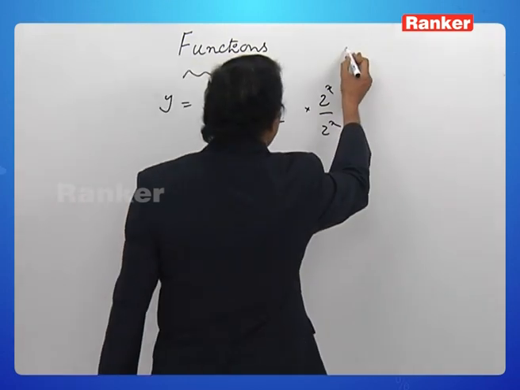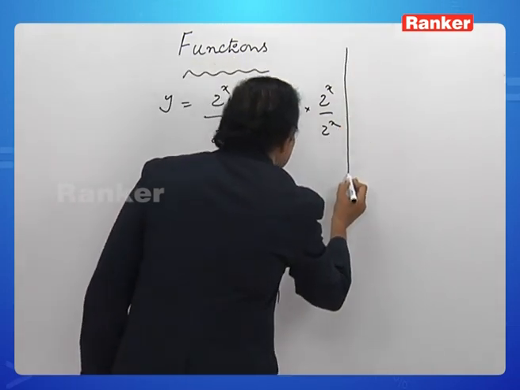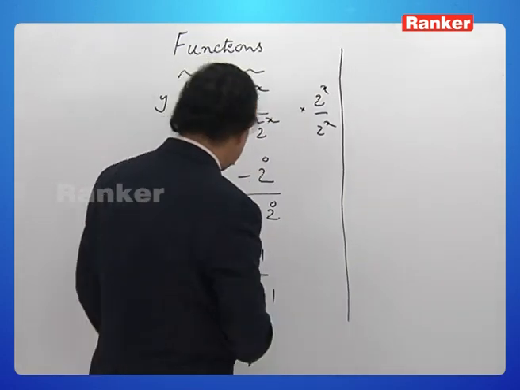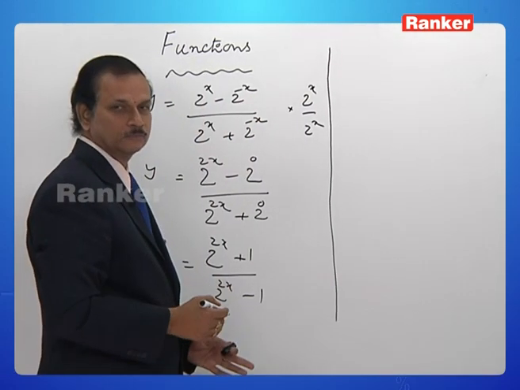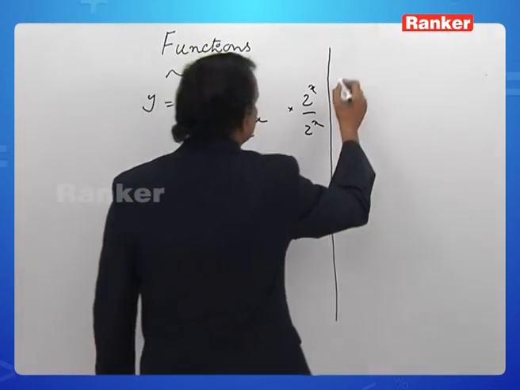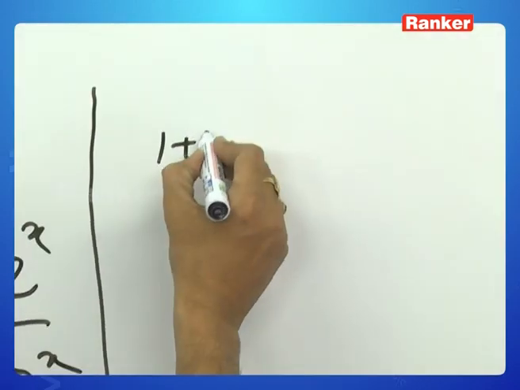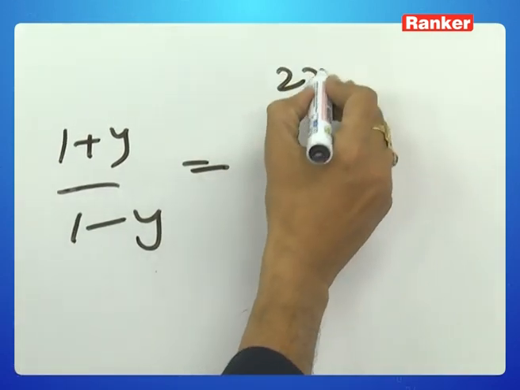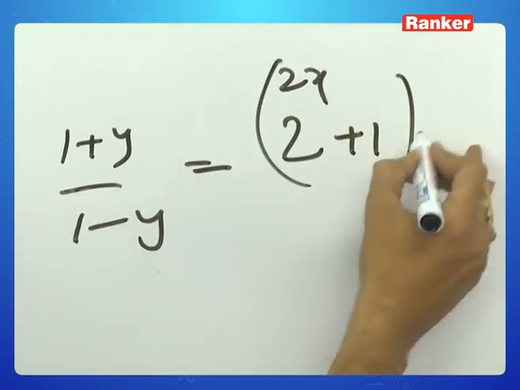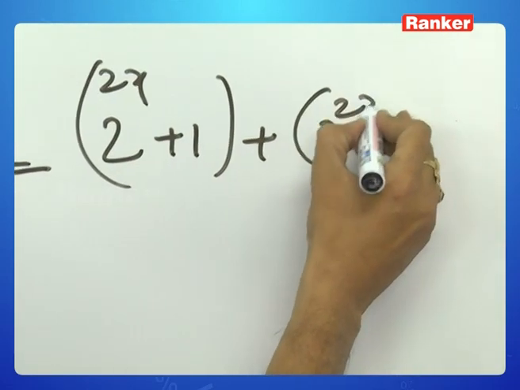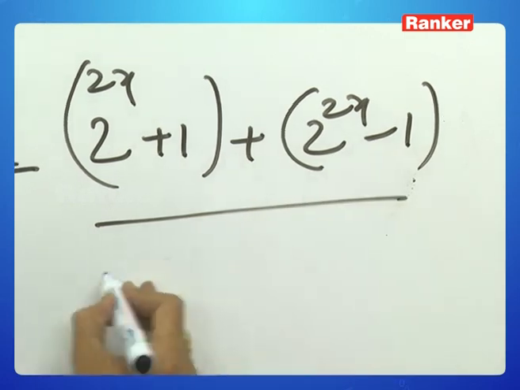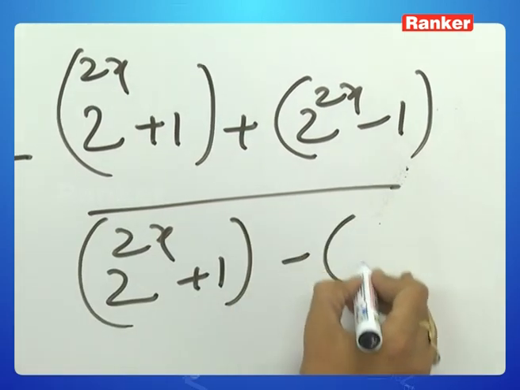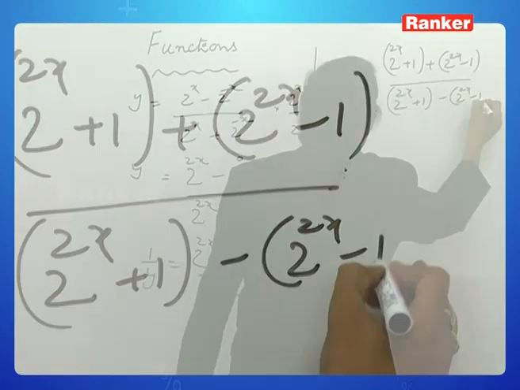Now let me apply one of the most standard and famous properties from ratios and proportion, that is componendo dividendo. What happens? 1 plus y by 1 minus y is equal to (2 power 2x plus 1 plus 2 power 2x minus 1) by (2 power 2x plus 1 minus 2 power 2x minus 1).